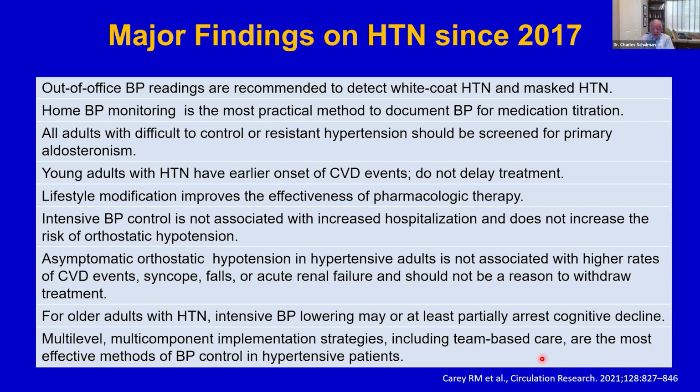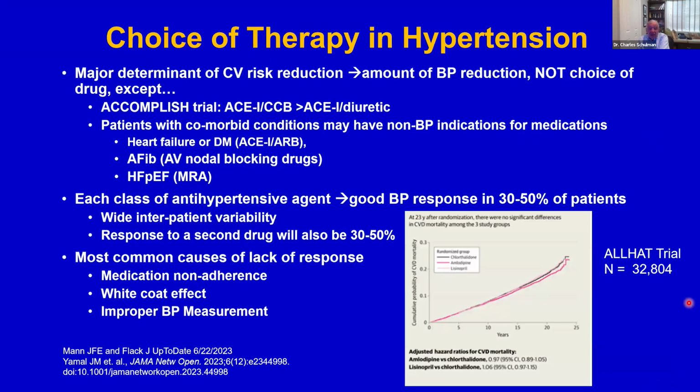And what's suggested, and we're going to talk about this again, is a multi-level, multi-component implementation strategy, team-based care, utilizing all of the personnel and tools that you have at your disposal.